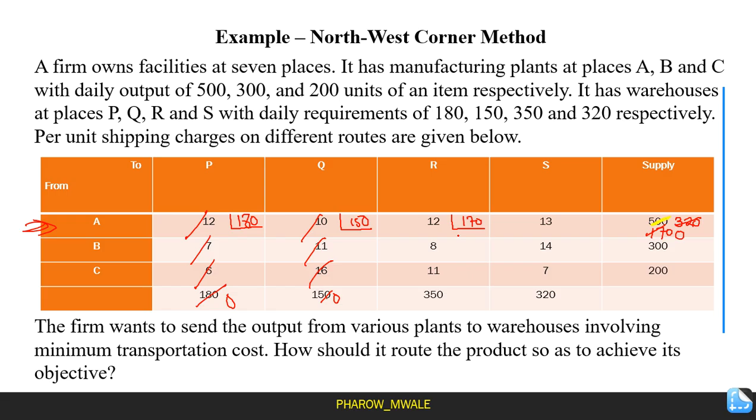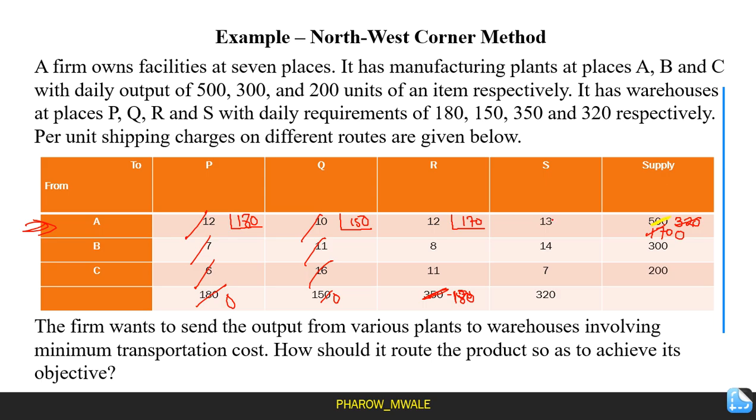Now we have the remaining 350 there. How do we do it again? We subtract 350 minus 170, which must give us 180. So we're going to cancel the 350, and we replace it with 180, like that.